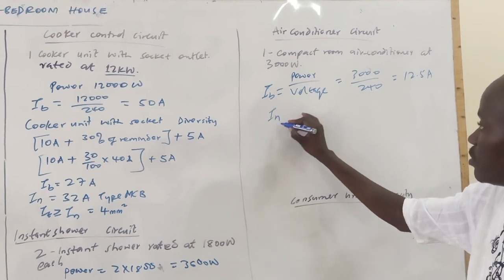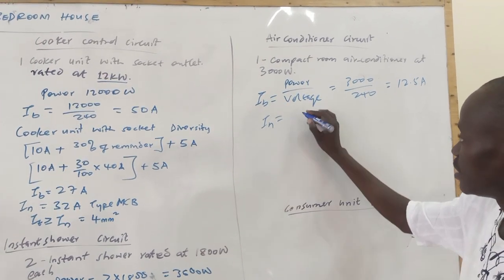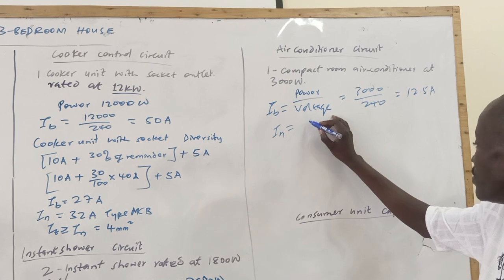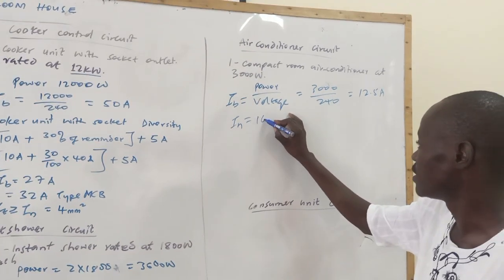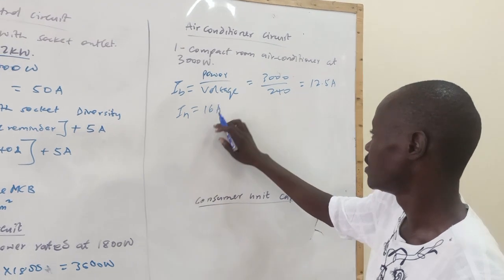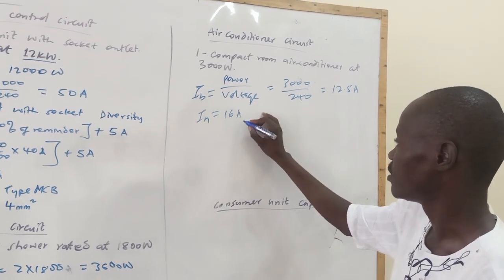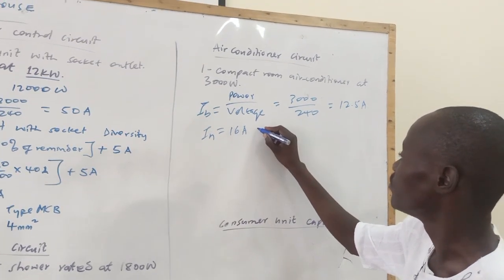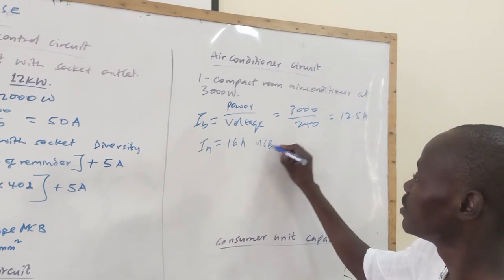So the suitable circuit breaker in this case, which is type C, to be 16 again. Remember, from 10 it's 16. So we cannot go to 10, we go to 16 ampere MCB, which is type C.